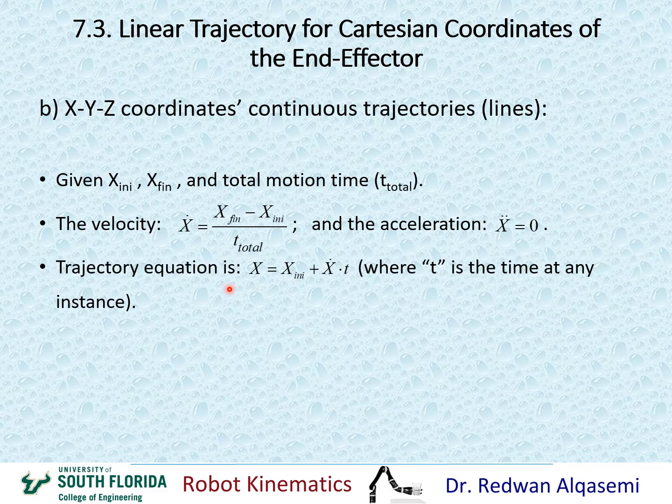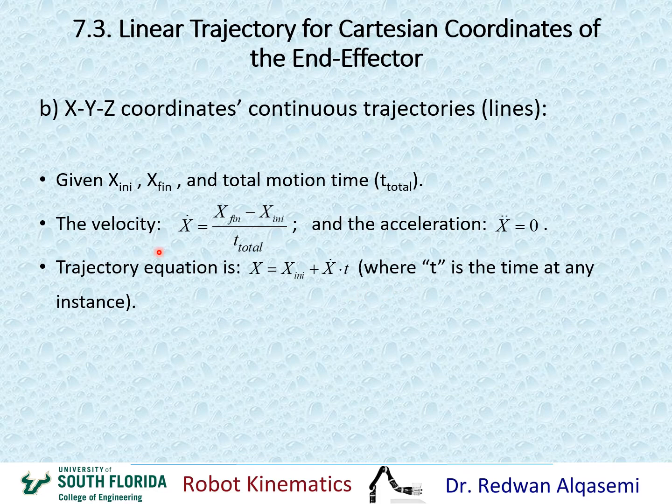Now we're ready to construct our equation for the trajectory in x, and that would be x equals x initial plus x dot times t. So at any moment in time, if we would like to find where x is of our end-effector, we can just substitute that time here, and x dot is already known from the previous step, and x initial is given information that we have by design, and that would give me x at any moment in time.